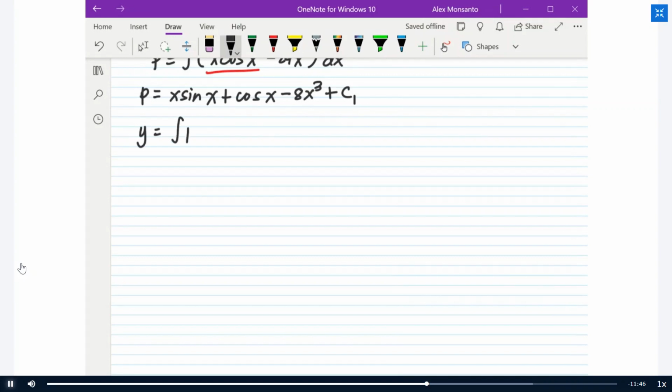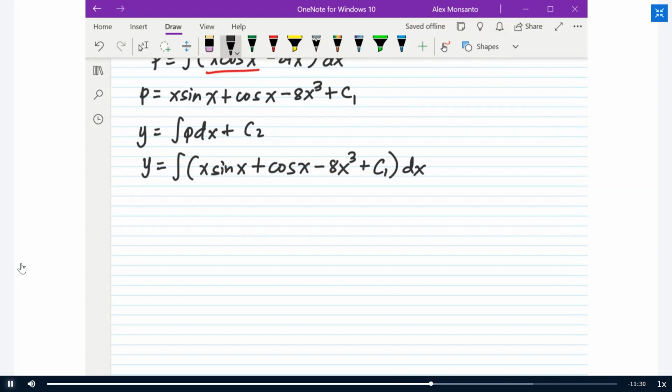So, integral pa ng x sine x plus cosine x minus 8x cubed plus c sub 1 tapos dx plus c sub 2. Bali, integrate pa natin tong x sine x.